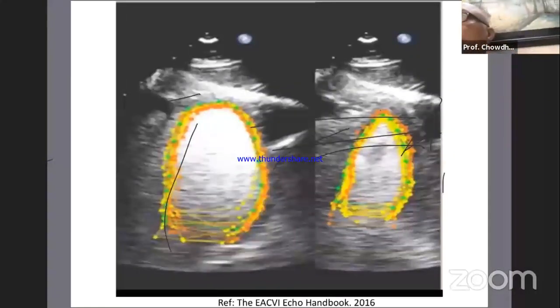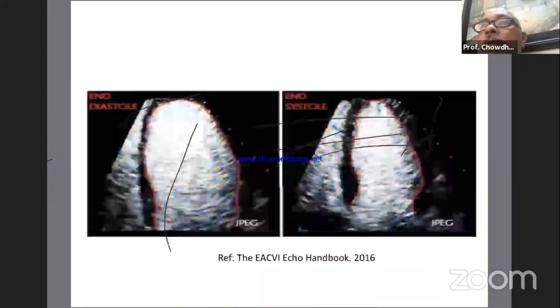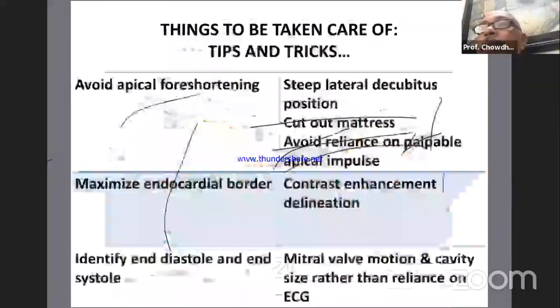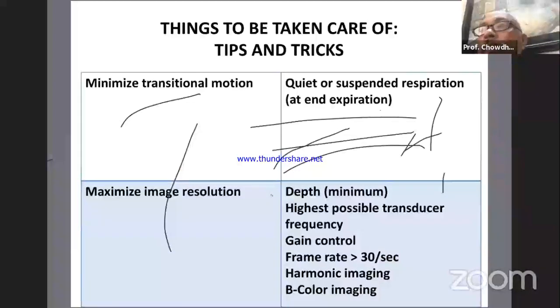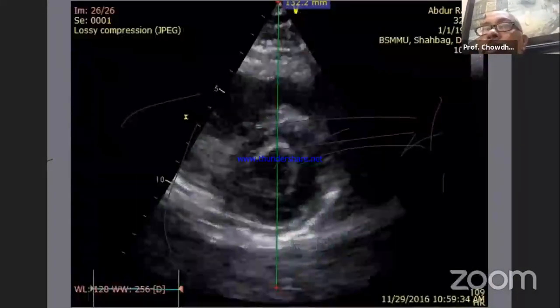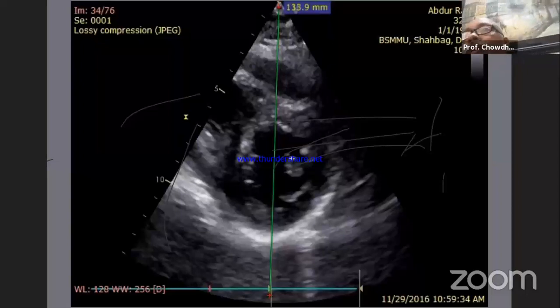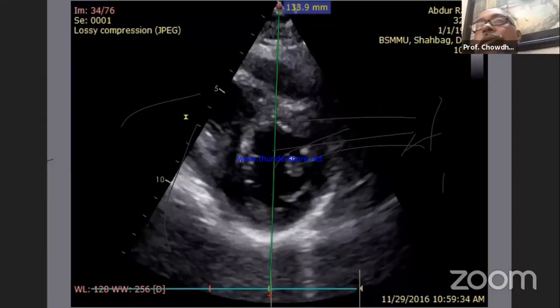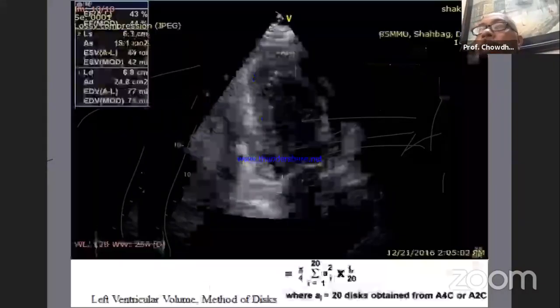So I was asked to make things simple. I really tried to confine my discussion to the modified Simpson method of assessing left ventricular function, because this is the most practiced standard way of assessing left ventricular systolic function.